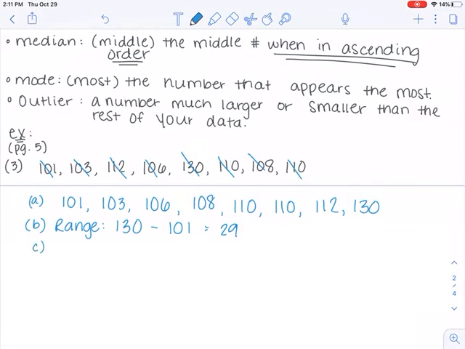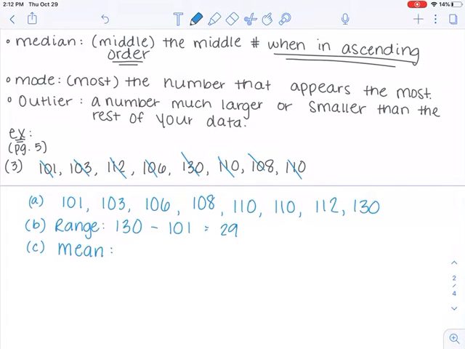Looking at letter C, they ask for the mean. Another word for mean is the average. So to find the mean, we're going to add all of the numbers up, then divide by how many numbers they gave us.